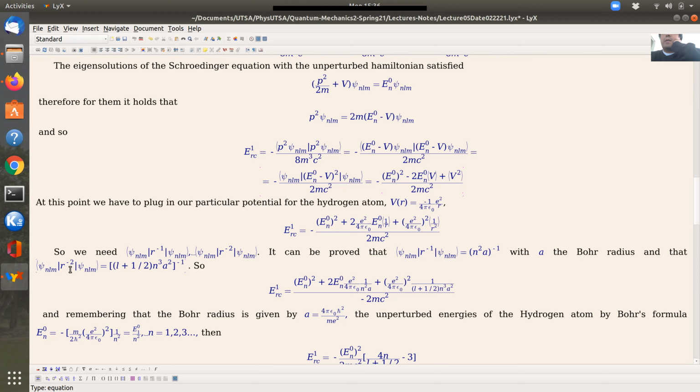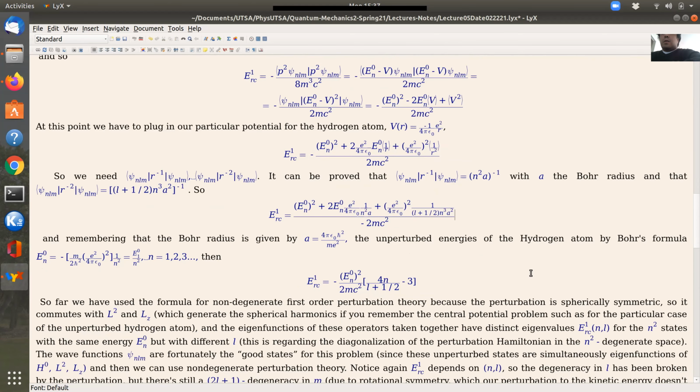And for the case of the inverse of r squared, we have this result. So, yeah, of course it's order a squared to the minus 1, since this is r to the minus 2. Then you have n cubed, and it also depends on the quantum number L. So we would plug in these results over here.